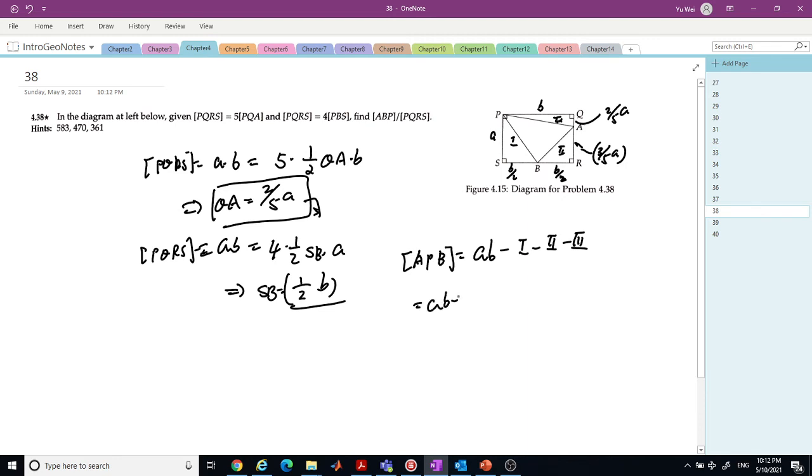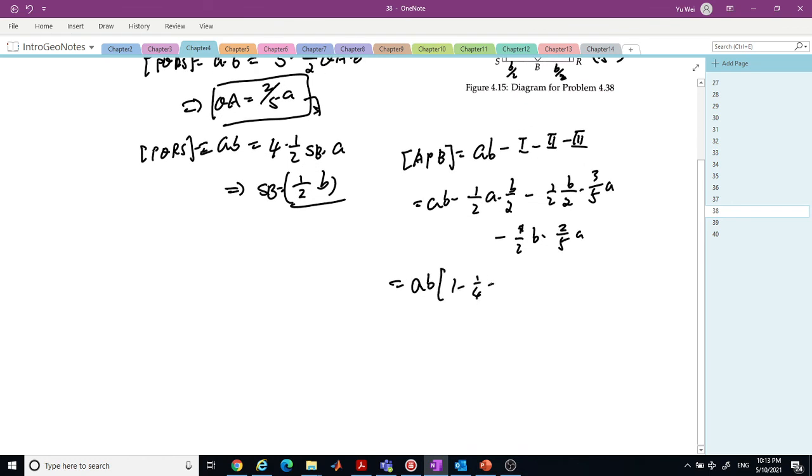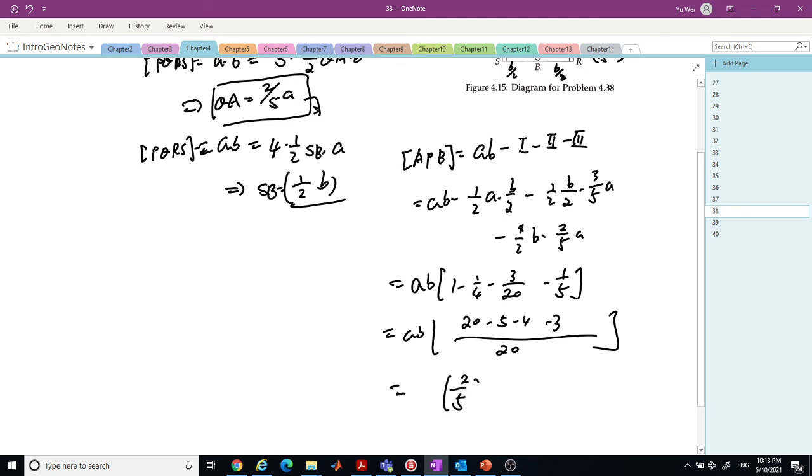Then it is equal to AB minus half of A times B over 2, minus half of B over 2 times 3 over 5 A, minus half of B times 2 over 5 A. Then it equals AB times 1 minus 1/4 minus 3 over 20 minus 1 over 5. Using the common denominator 20, it is 20 minus 5 minus 4 minus 3, which is 8 over 20, divided by 4 is 2 over 5 of AB.